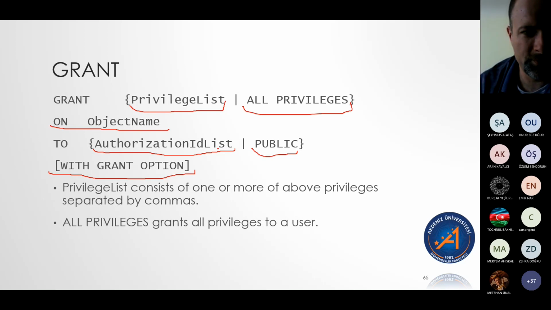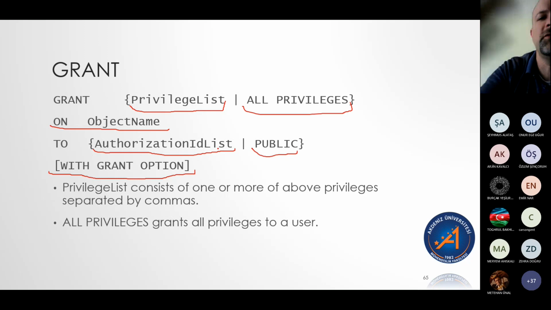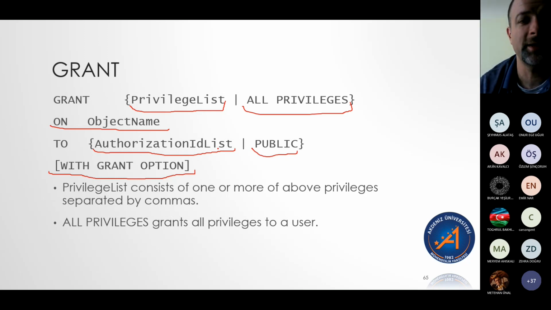So if I am given all privileges on a table, I can then give those privileges to someone else too. I can run a grant statement to give those privileges to another ID as well. If I'm only given the privilege itself, but not with grant option, then I cannot pass those along.